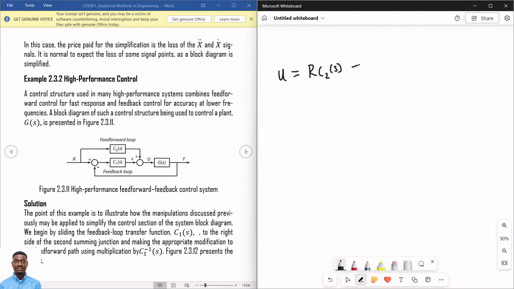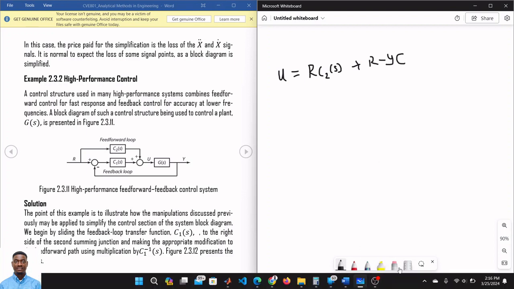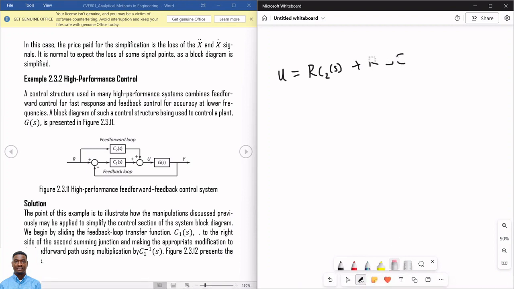So plus C1S into R minus Y. So that is U here.